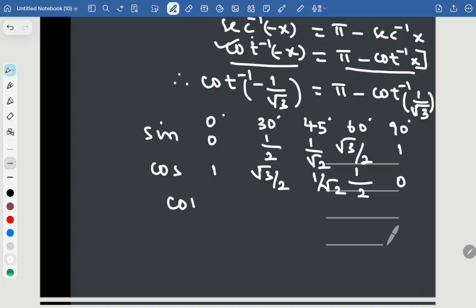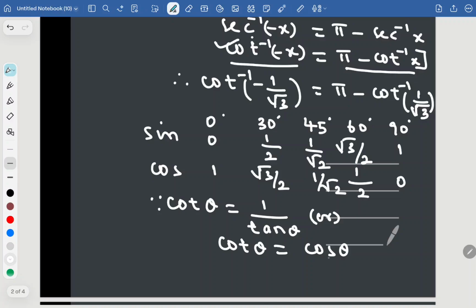We have to find cot inverse. Since cot theta equal to 1 by tan theta, here 1 by root 3, or cot theta equal to cos by sine.